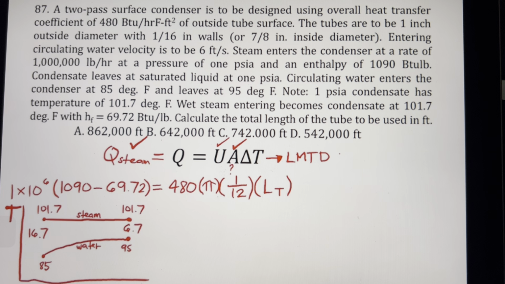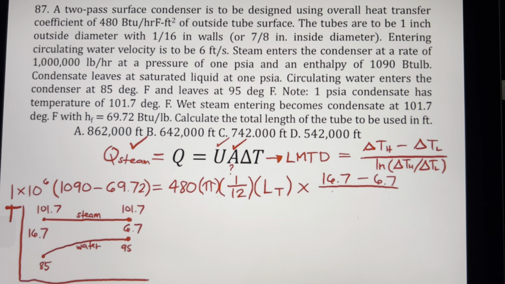And for our LMTD, it is equivalent to the higher temperature difference minus the lower temperature difference all over the natural logarithm of higher over lower. So obviously, the higher one is 16.7 and the lower one is 6.7. So we can now calculate our LMTD. This will be 16.7 minus 6.7 all over the natural logarithm of 16.7 over 6.7.